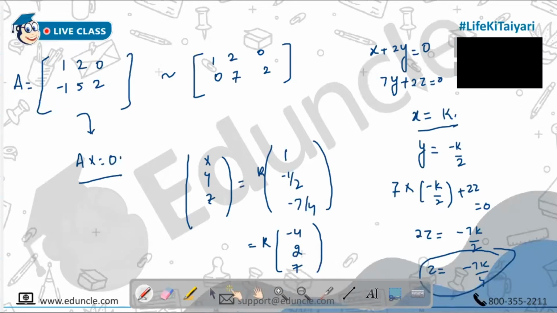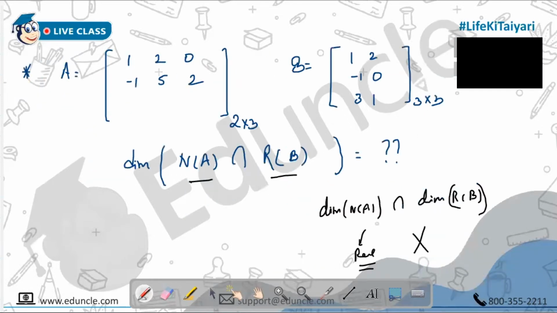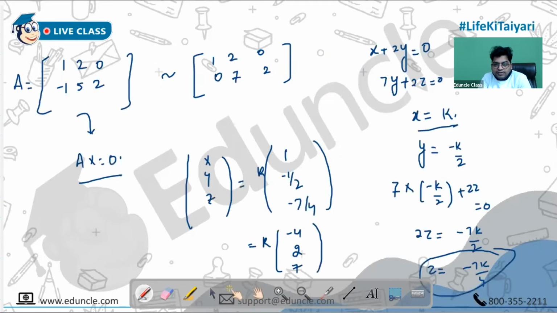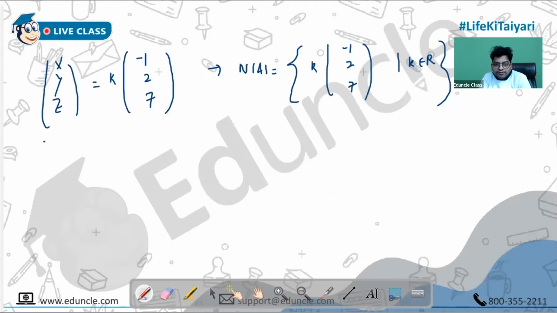In the same way, when you want to find the range of B, which is very difficult, I am doing the same thing. I am going to convert the matrix into the linear transformation.